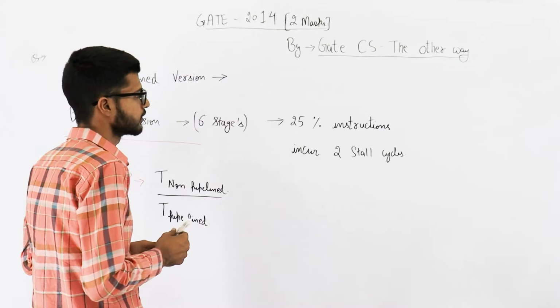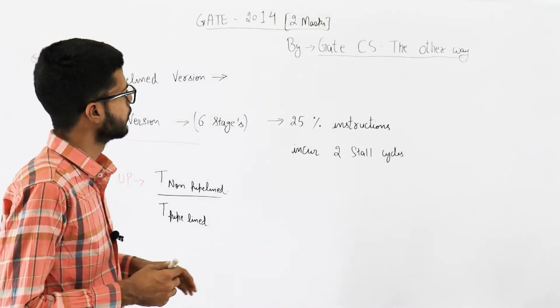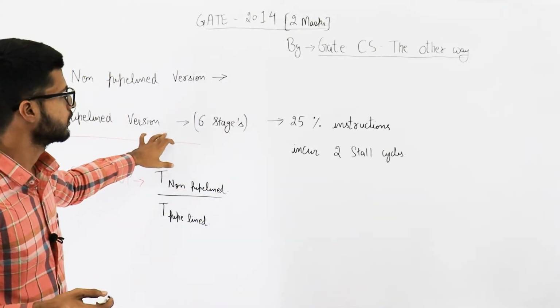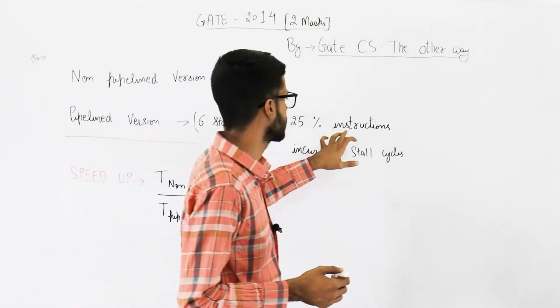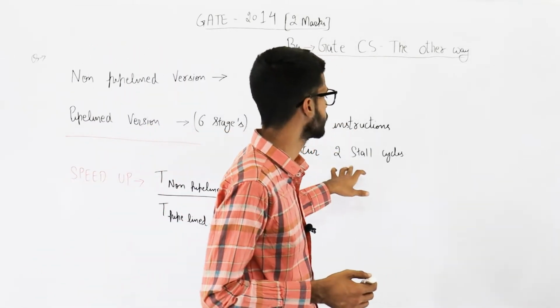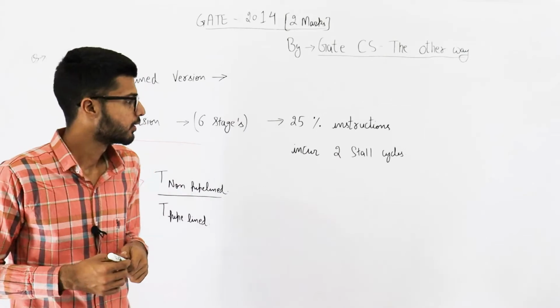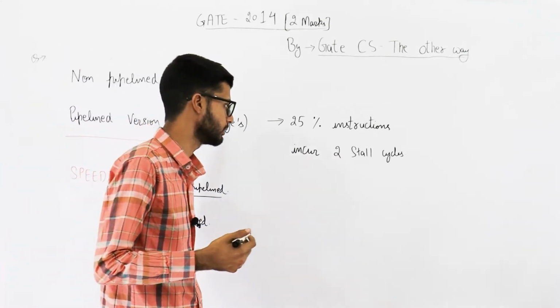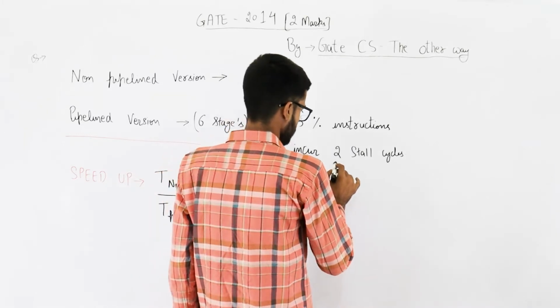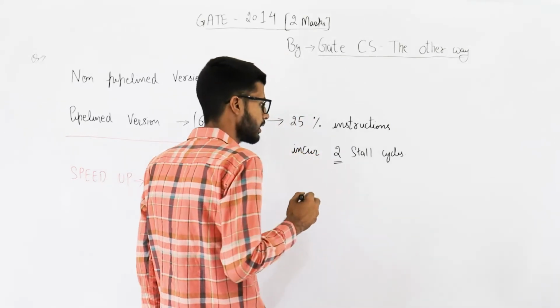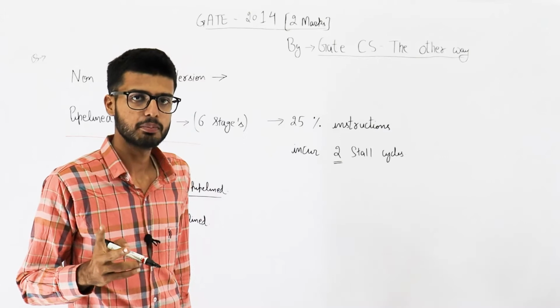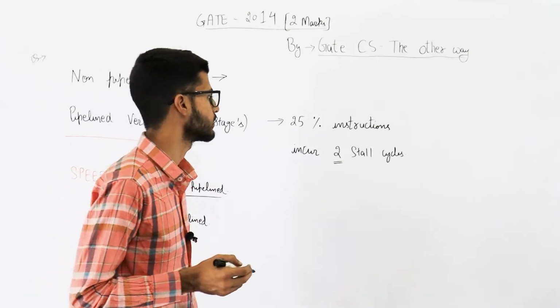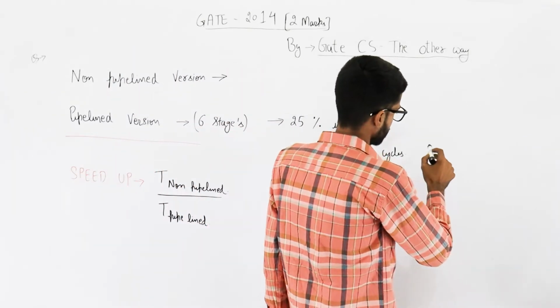So first thing is they are saying on the pipelined version 25% of the instructions incur 2 stall cycles. What is the effect of 2 stall cycles on the CPI? If there are 2 stall cycles, the CPI will be 3. How can I say that? Just see.